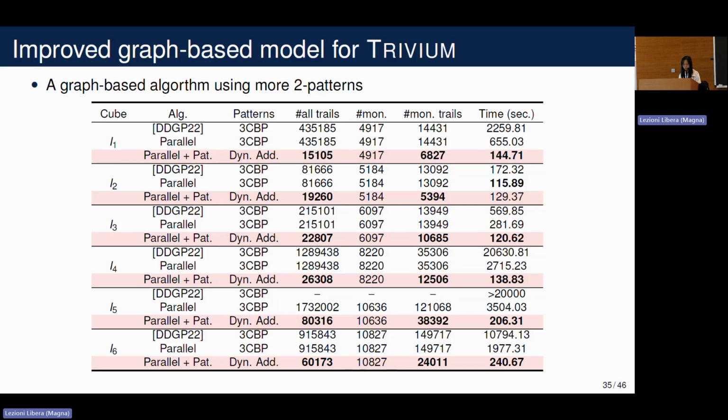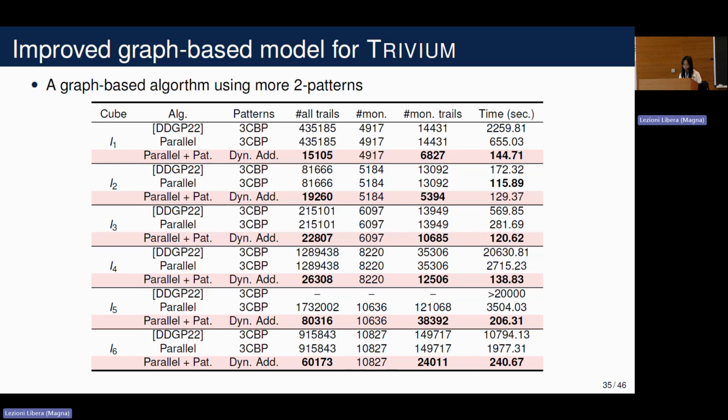The first algorithm is DDJP's graph-based model with 3 consecutive bit patterns, and the second one is a parallel version of the first one implemented by us, and the third one is our improved graph-based algorithm with dynamically found new patterns. It can be found that our model is much more efficient.